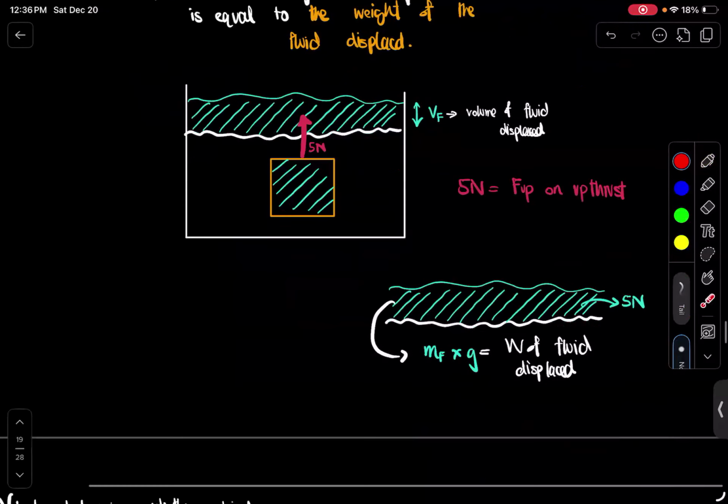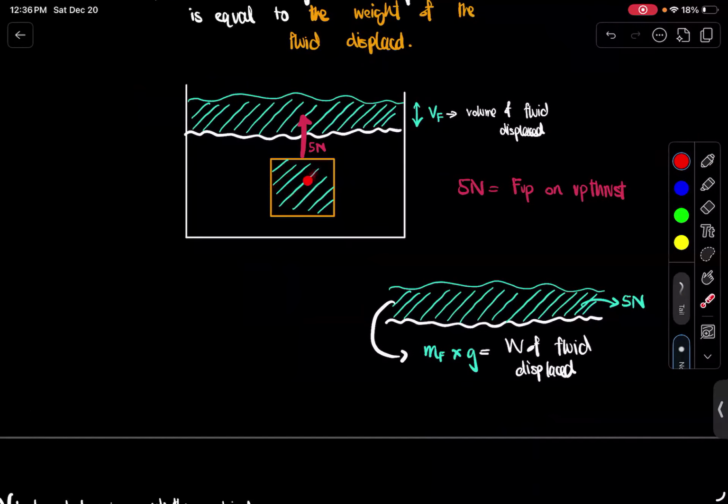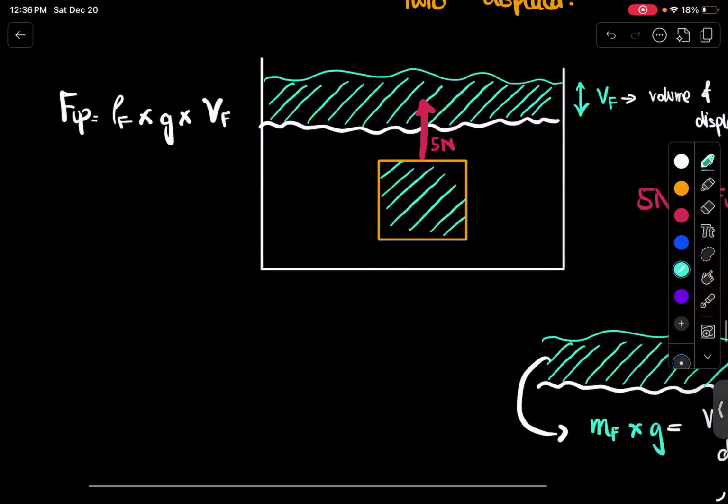So that means if the value of upthrust on this block is 5 newtons, then if you weigh the water that you have displaced, that weight would also be 5 newtons, right? So F upthrust is equal to rho_f times g times V_f.